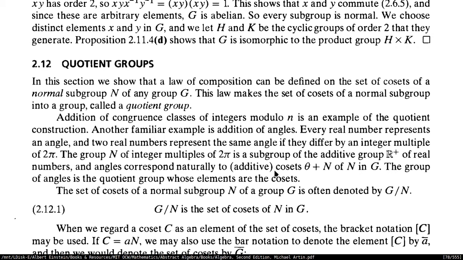So you have the group N of integer multiples of 2 pi, 2 pi k, which is a subgroup of the additive group of real numbers, and the angles correspond to the cosets theta plus N. So the group of angles is the quotient group whose elements are the cosets.